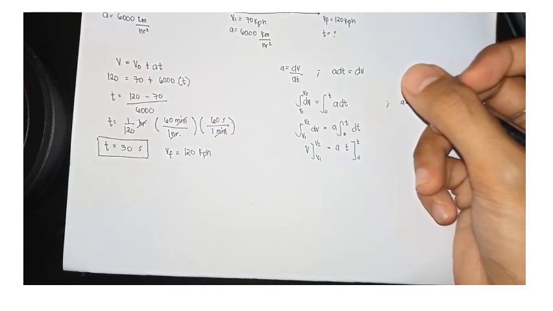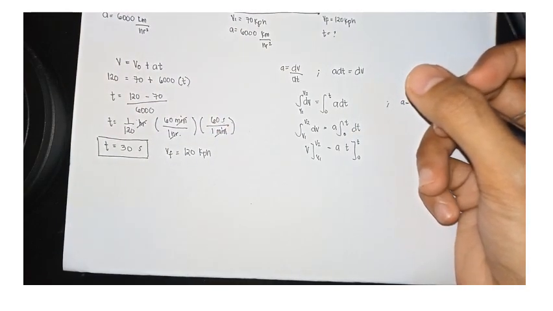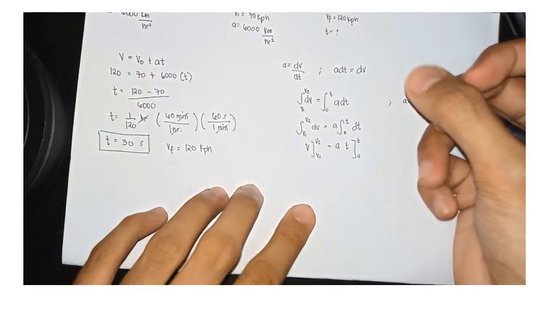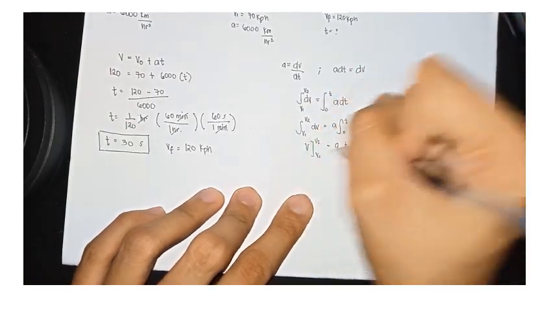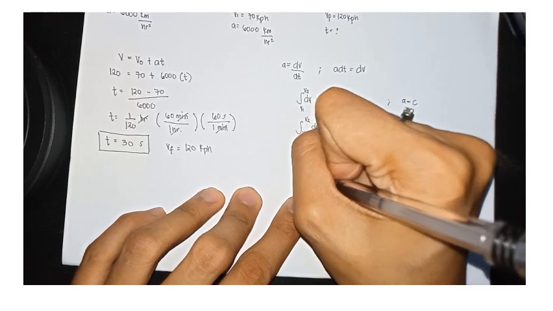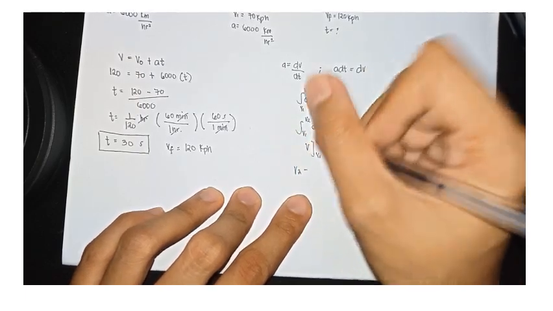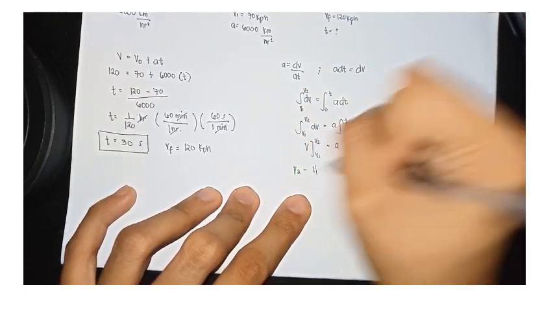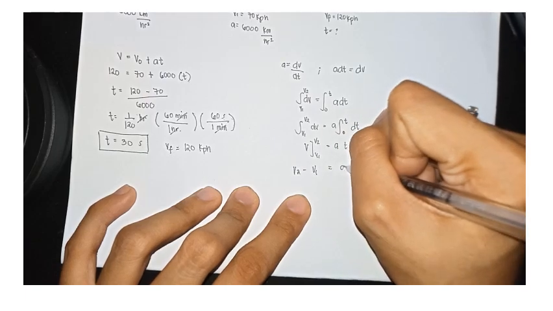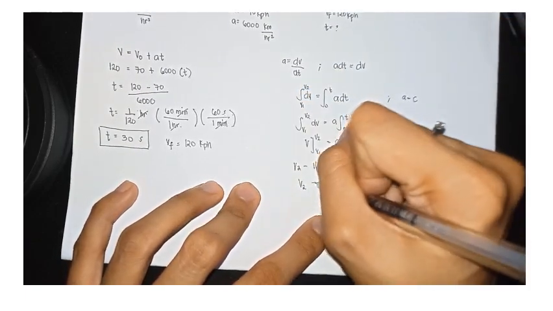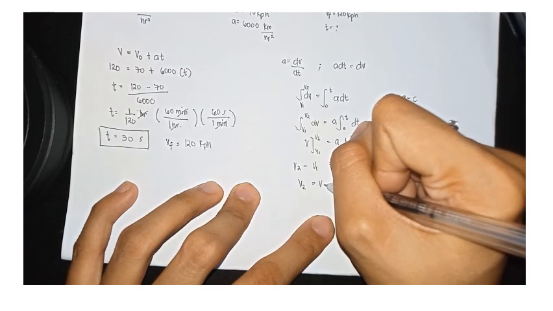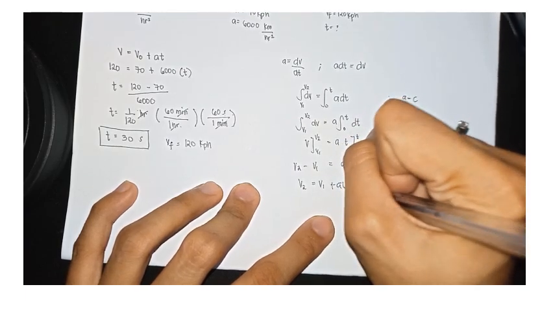So V2, or final velocity, minus initial velocity is equal to the acceleration times t, so the final velocity is the initial velocity plus that amount. It's just the same.